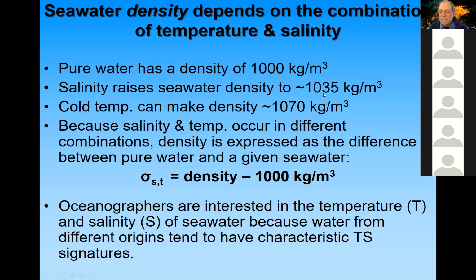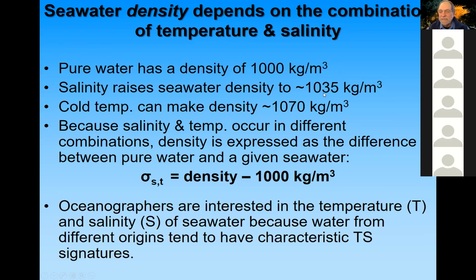Okay? Why are we interested in this? It turns out that different water masses have different salinity and temperature signatures. Let's explore this a little bit more. The other thing you can see here is that most of the change in density is due to the variation in temperature.